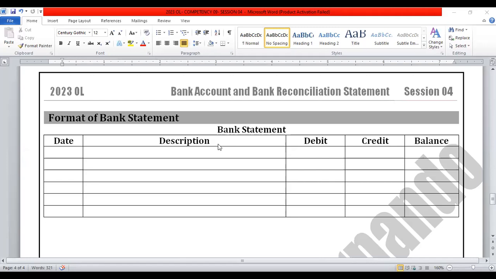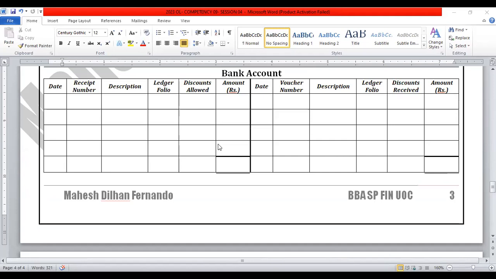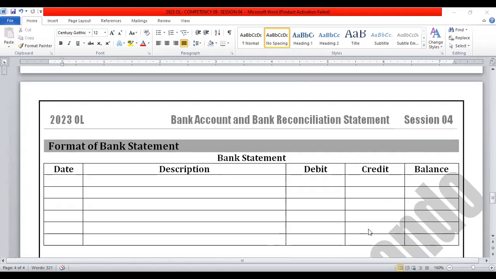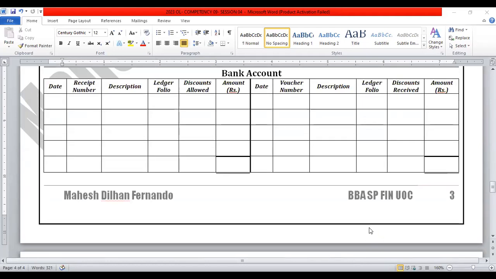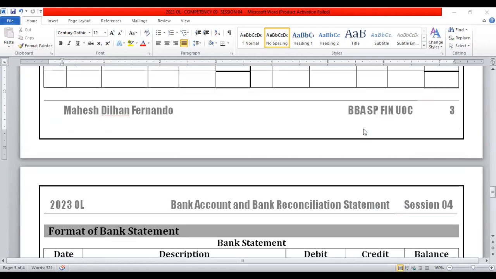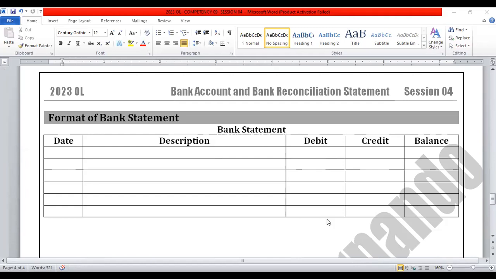Finally, I told you, in comparing these 2 things, the debit side of the bank account is compared against the credit column of the bank statement, and the credit side of the bank account is compared against the debit column of the bank statement.